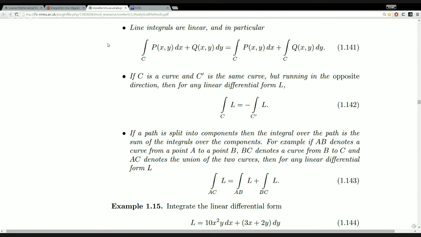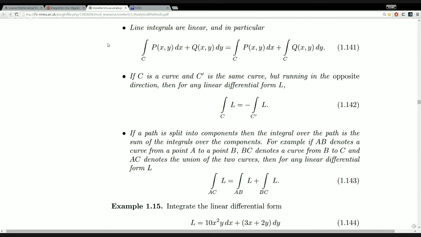However, there is an important class of integrals where the linear differential form is particularly special. It's special in the sense that it does have the same value no matter which curve between the start point and the end point you choose. Those are very special linear differential forms.